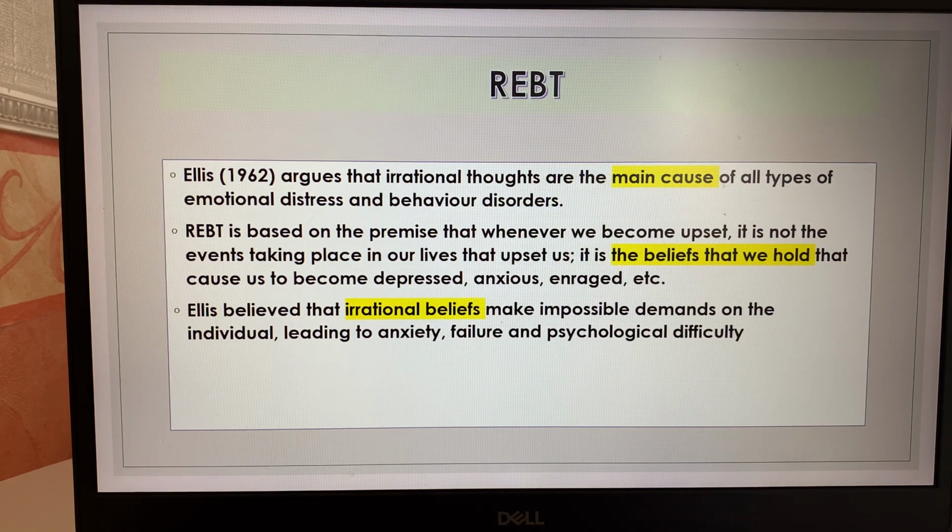And those irrational beliefs, that's a common theme, create demands on individuals which lead to a failure, which lead to psychological difficulty. And most of them, 9 times out of 10, it is those irrational demands being put on ourselves. I need to do this, I can't do this, I'm such a bad person. It makes us feel anxious and upset.